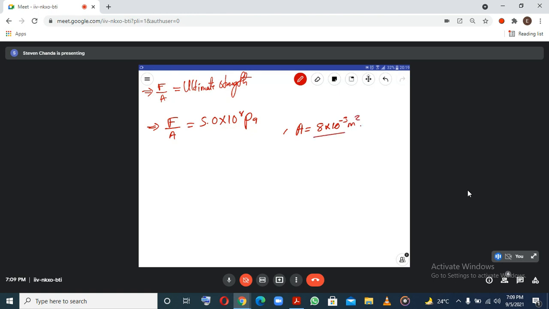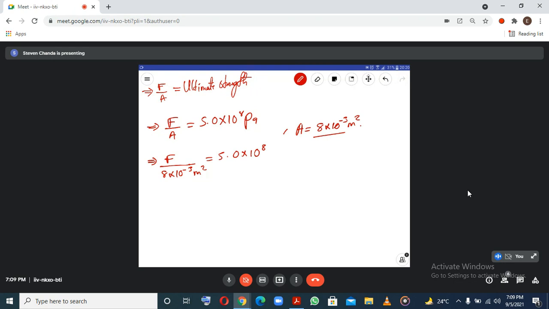So then force is equal to the ultimate strength of steel times the area.